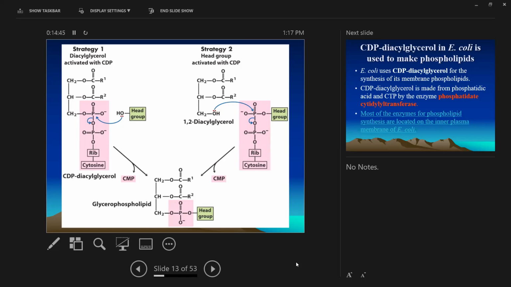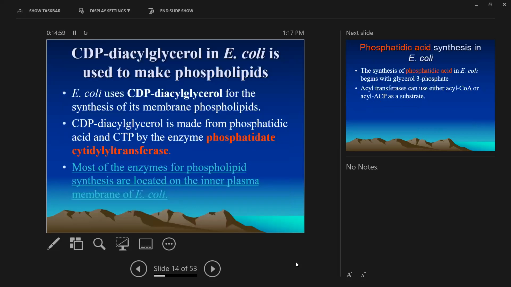Our bodies are going to tend to use this strategy. Bacteria will tend to use these. And plants and fungi will tend to kind of share the wealth. So bacteria, E. coli, where this has been studied the most, will use CDP-diacylglycerol for the synthesis of their membrane lipids.